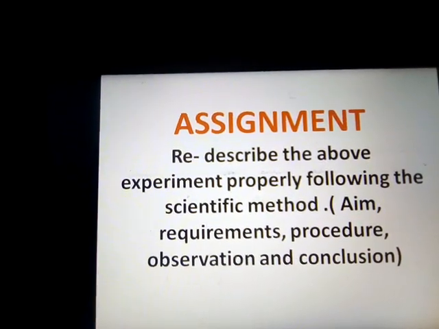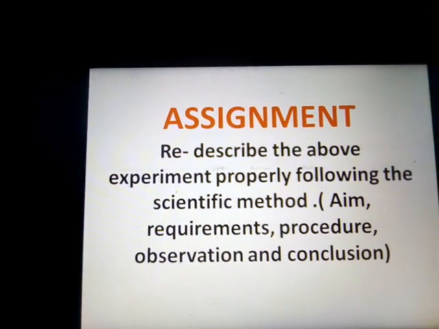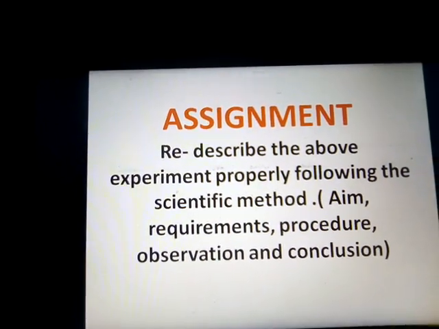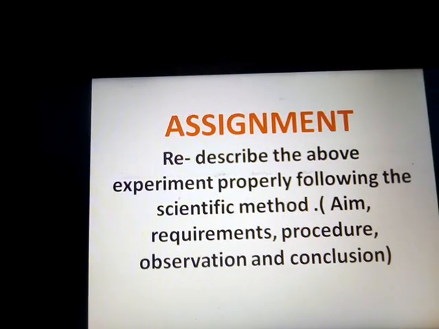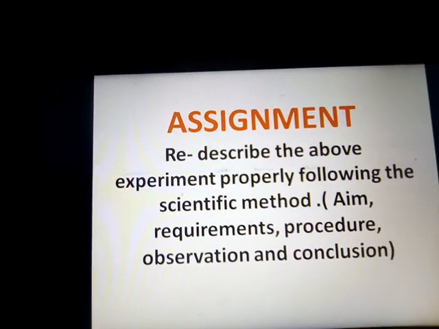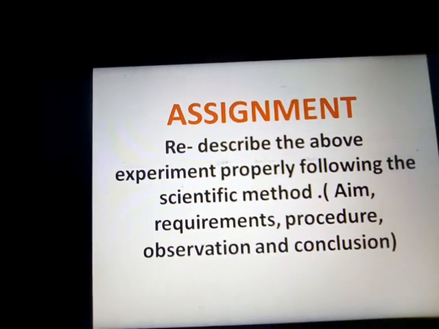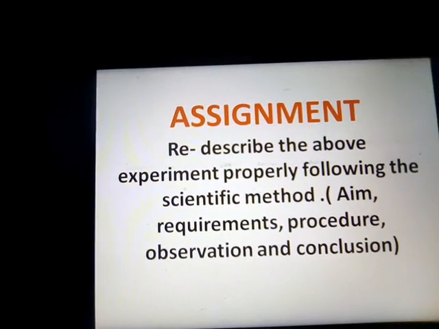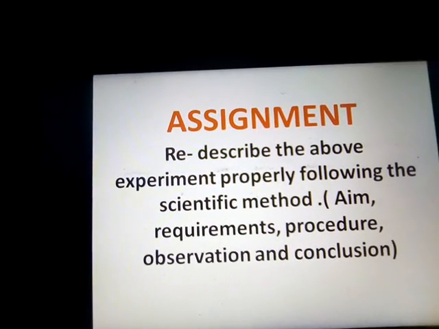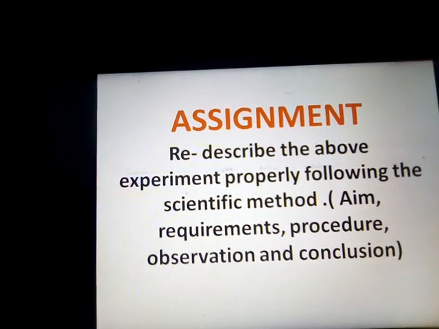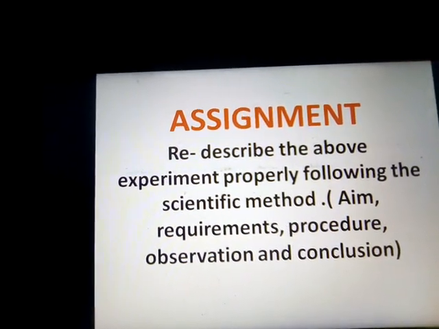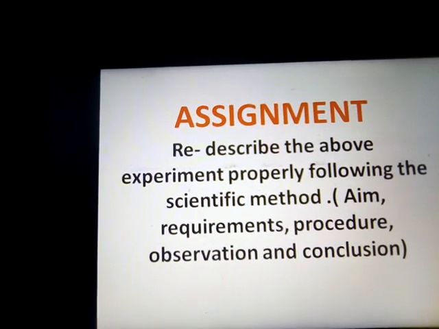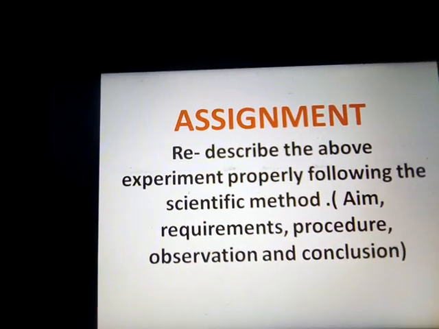That means use the following subheadings to describe the two methods: begin with the aim, requirements, procedure, observation, and conclusion for each. This should be done in your biology notebook as part of your notes.